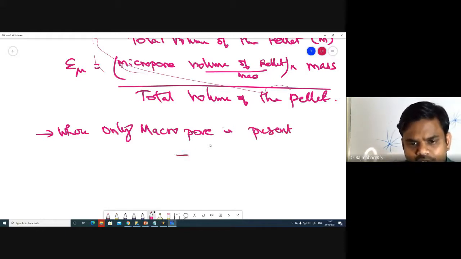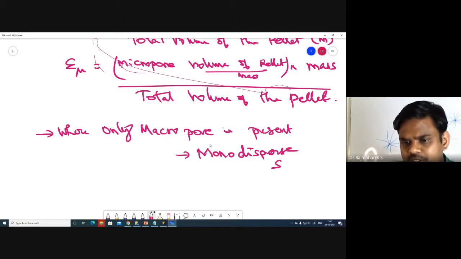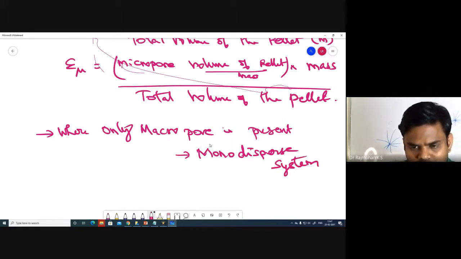In that case we call it a monodisperse system. What we are considering here is a bidisperse system. If it is a monodisperse system, only micropore or only macropore is present.